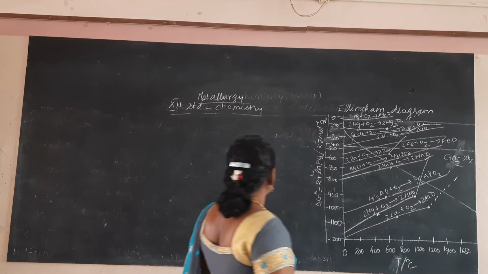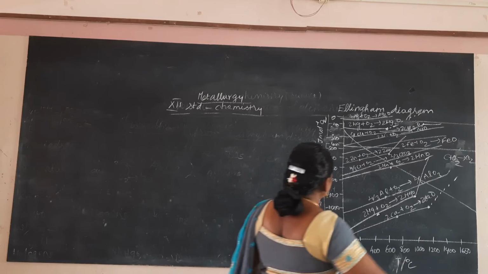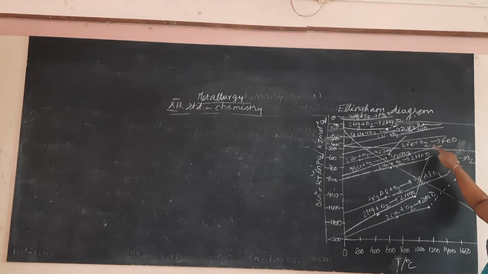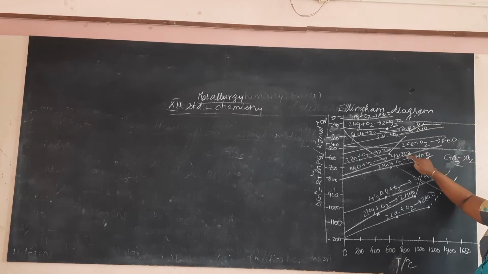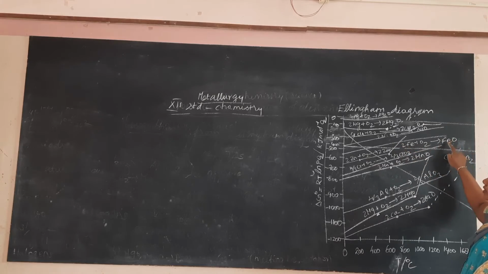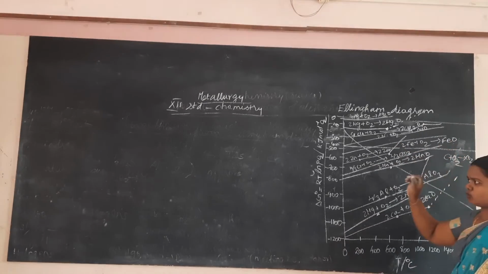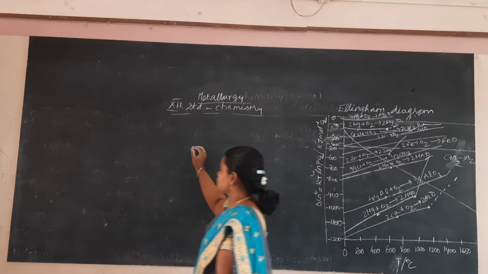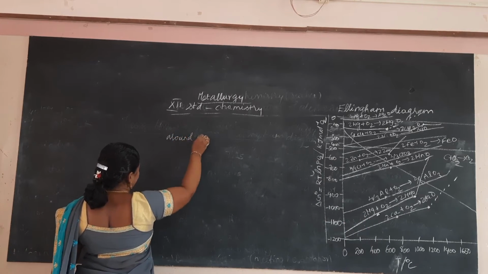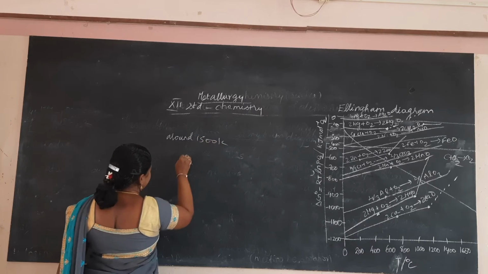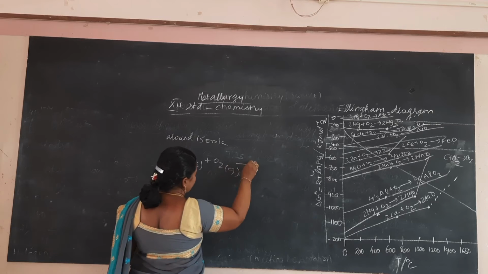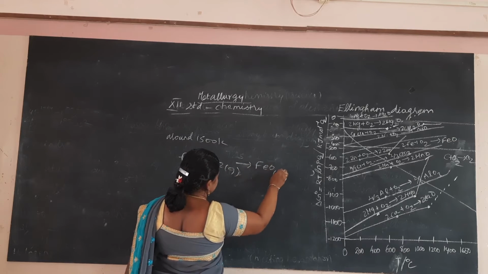The carbon line cuts across the iron oxide line and the carbon monoxide line, and here at around 1500 Kelvin the reaction will be feasible. So the iron solid reacts with oxygen gas to form iron oxide.